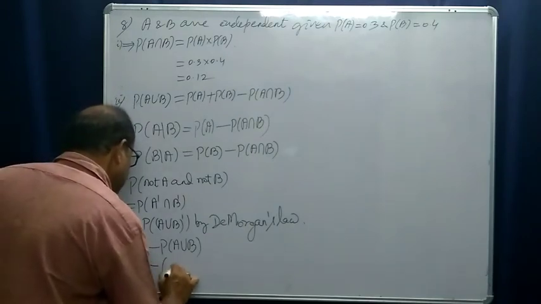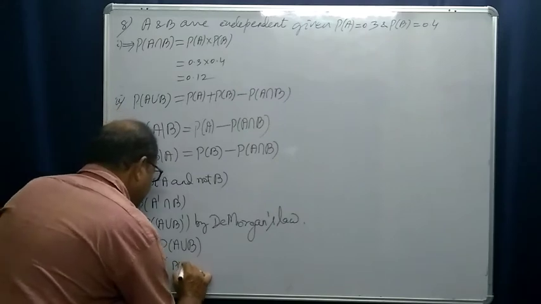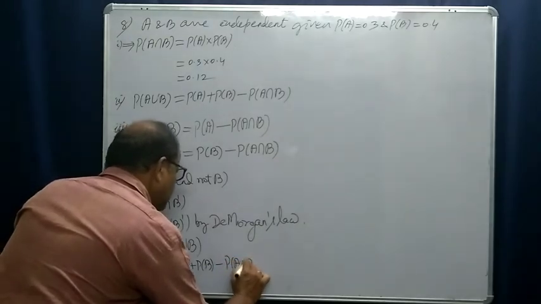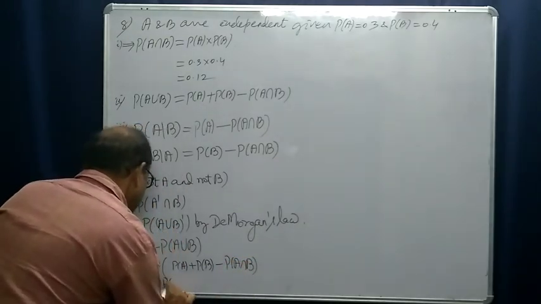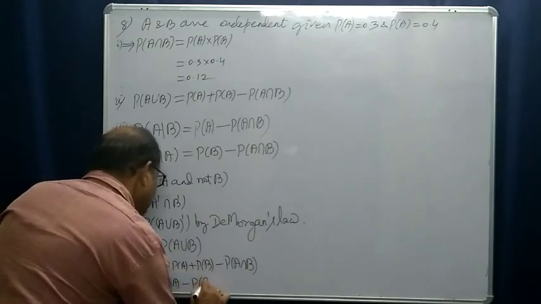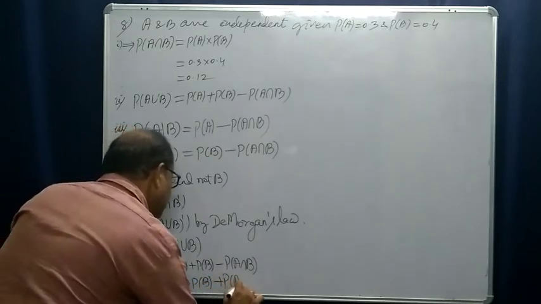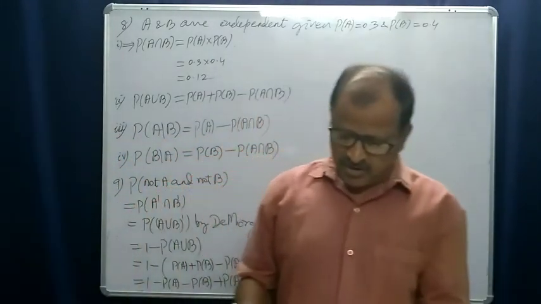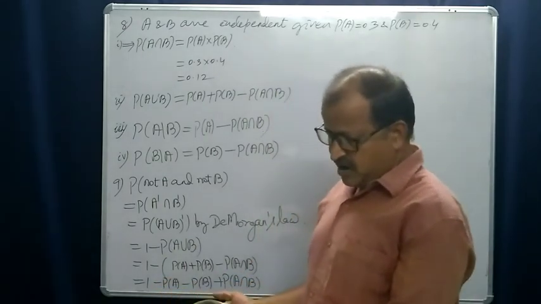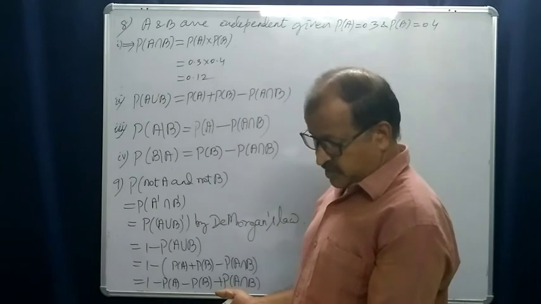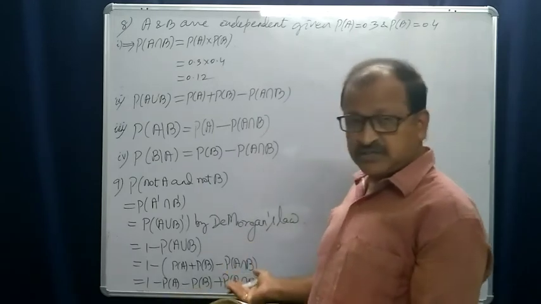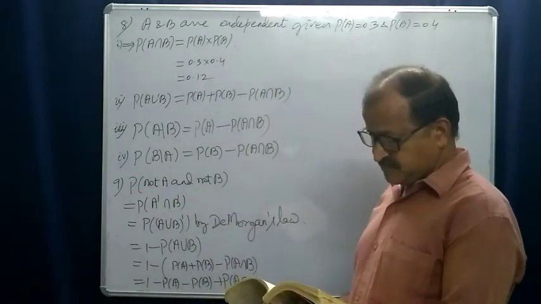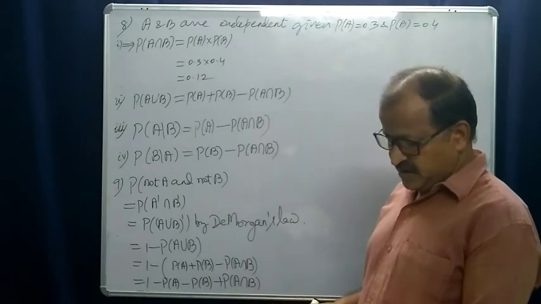It is 1 minus the bracketed probability of A plus the probability of B minus the probability of A intersection B. That is equal to 1 minus the probability of A minus the probability of B plus the probability of A intersection B. Now all the points are given: the probability of A, the probability of B, and the probability of A intersection B. So you can obtain this.